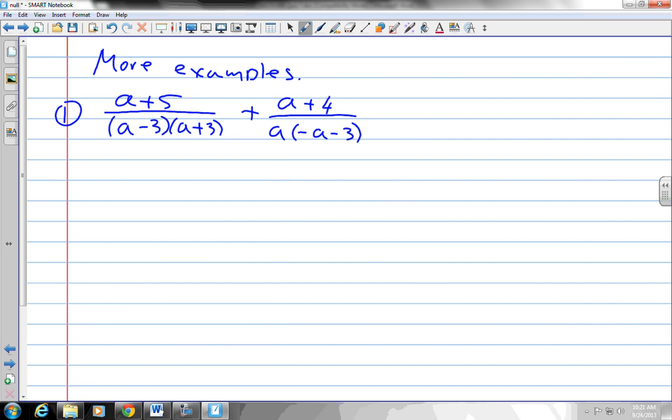So if it's already factored, that actually makes me happy. If I wrote a squared minus 9, then you would want to factor it into that. But just think about the quiz that you just took. There's an expression in the first denominator and an expression in the second denominator that you can make the same by tweaking it a little bit. Which ones?